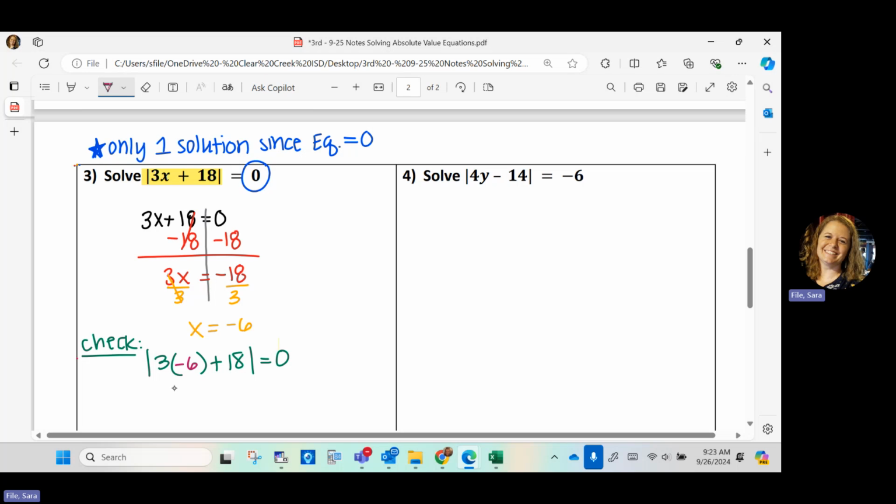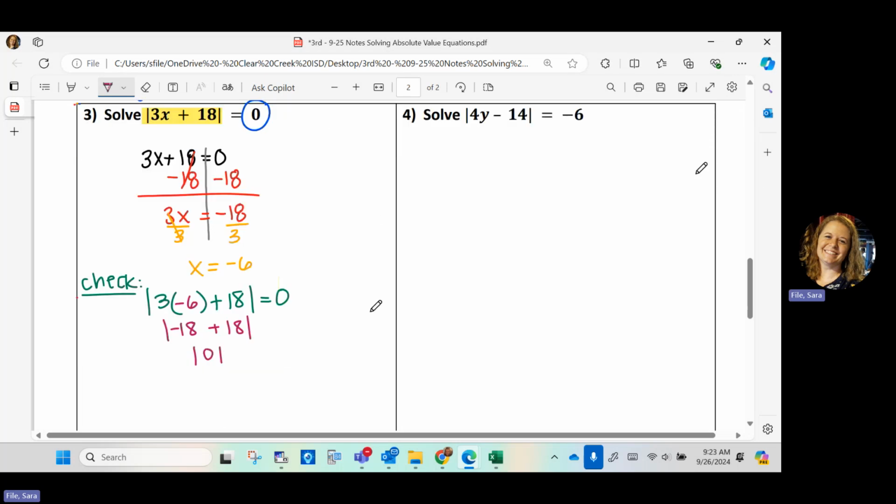So 3 times -6 is -18. Okay, we've got plus 18. That comes out to 0. And lo and behold, the absolute value of 0 is indeed 0. So it checks out. -6 is our solution.